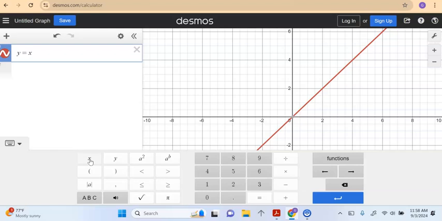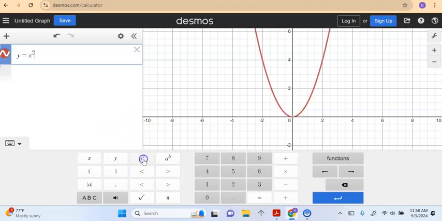Well, right there is one of our parents. There's y equals x. So let's make this y equals x squared by hitting the a squared button so everybody has that picture. All right. So that's one of our parents.